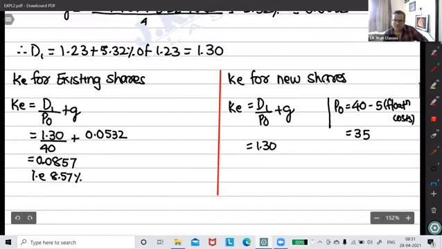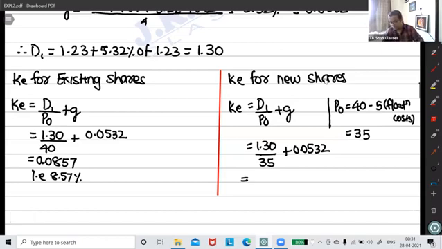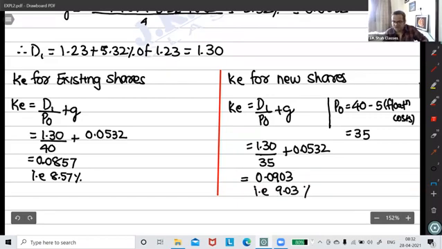So 1.3 divided by 35, whatever comes, plus 0.0532, is 0.09034. That is 9.03%.